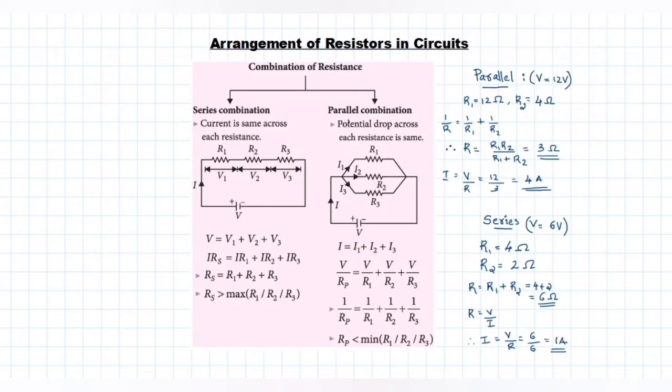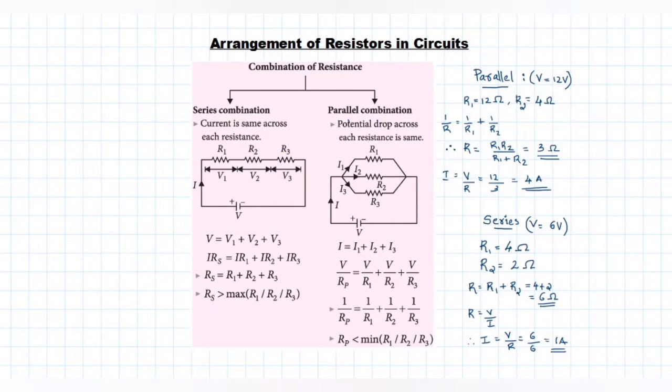So here in this figure, the current I is flowing from the battery having voltage V, and I is passing through resistors R1, R2 and R3, which are connected in series. So there is a potential drop across R1, that is V1, and a potential drop of V2 across R2, and a potential drop of V3 across R3.